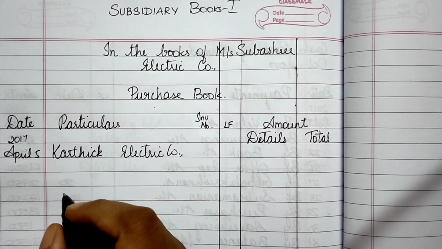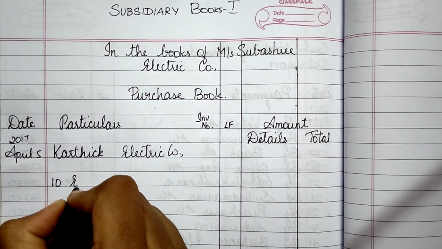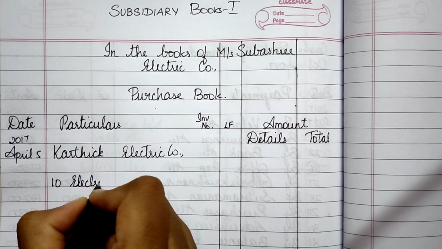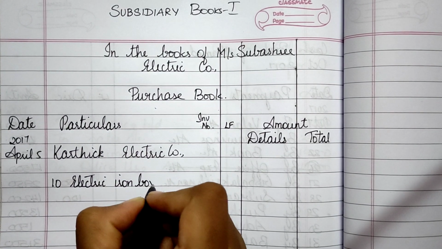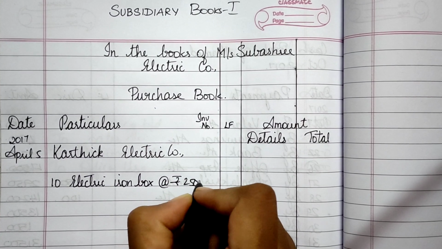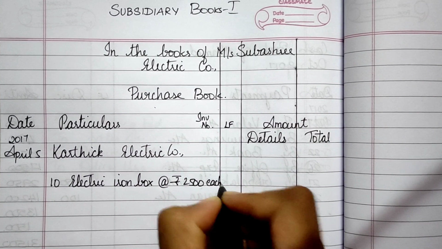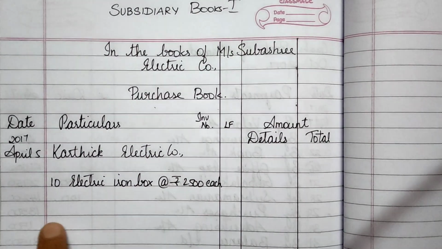Next, write down the items that they have bought in detail as they have given. So 10 electric iron boxes at rupees 2500 each. If you don't have space, you can always take another line and write it.